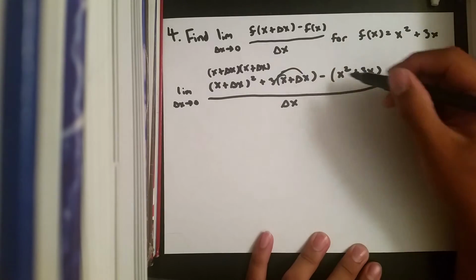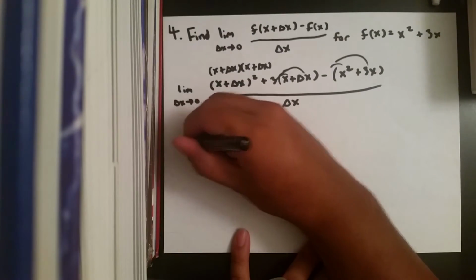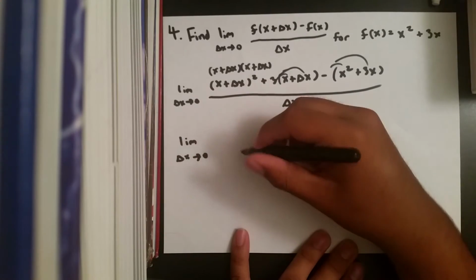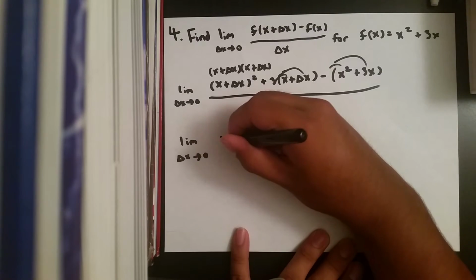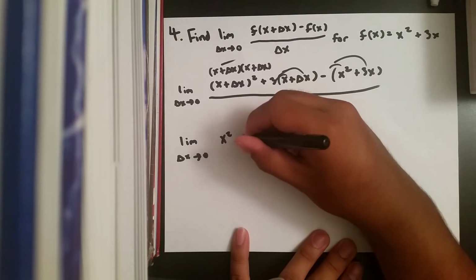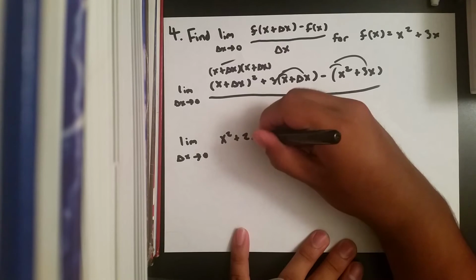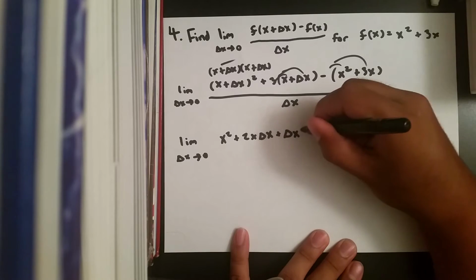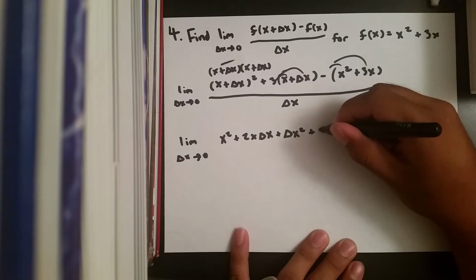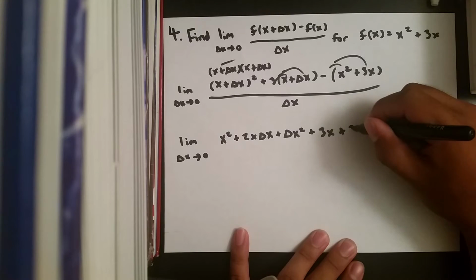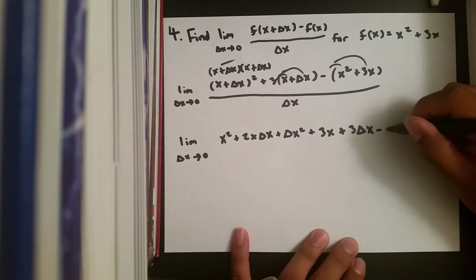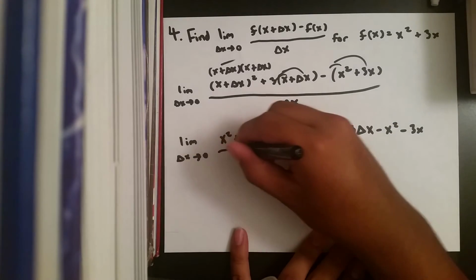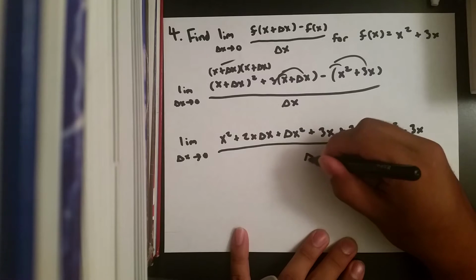Distribute that, and you should be left with, as this goes to 0, x squared plus 2x delta x plus delta x squared plus 3x plus 3 delta x minus x squared minus 3x. And all this is over delta x.